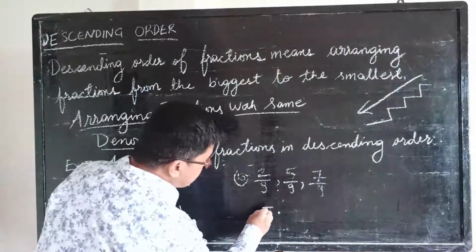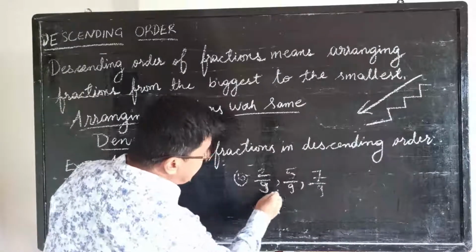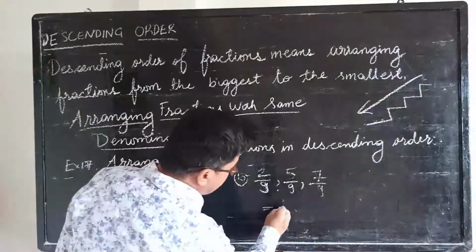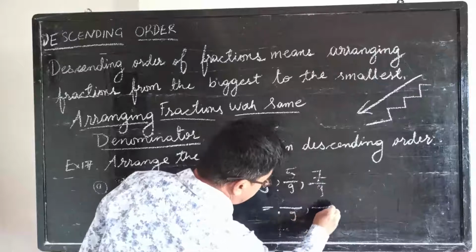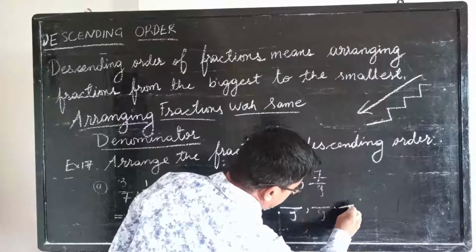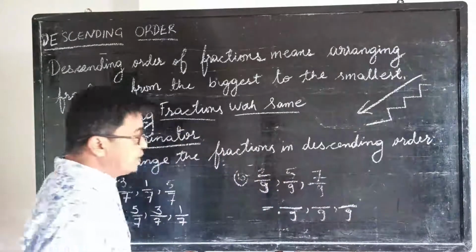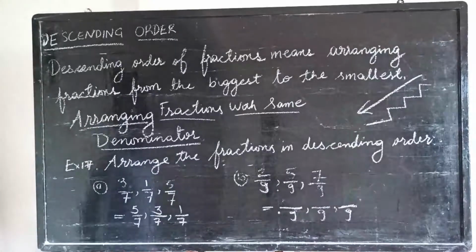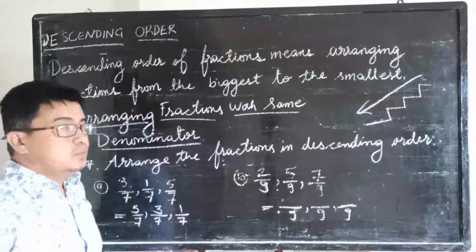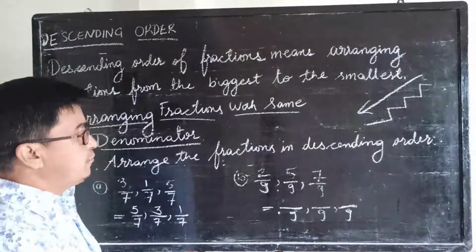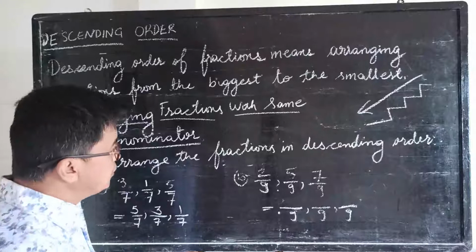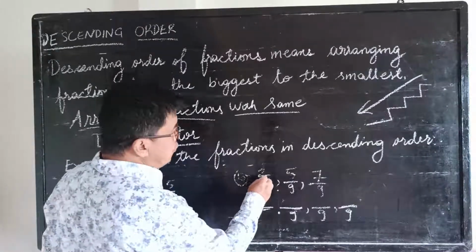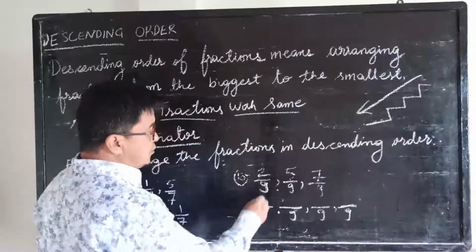Now look here, here also the denominators are same, 9, 9, 9. First we write the denominator. Now look at the numerators: 2, 5 and 7.